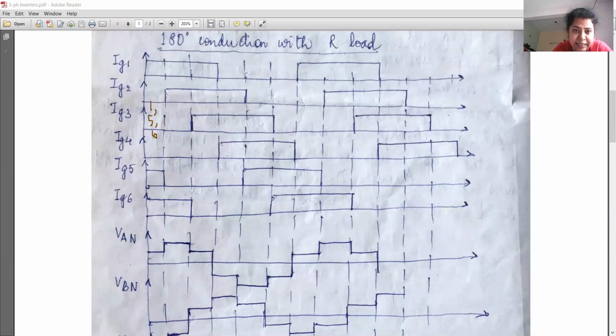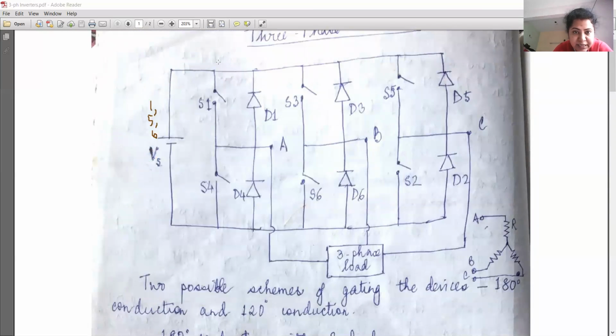Similarly, in the interval 60° to 120°, the devices conducting are 1, 2, and 6. 1 means A is connected to the positive terminal, 2 means the negative terminal is connected to C, and 6 means the negative terminal is also connected to B. That means B and C are connected to the negative terminal and A is connected to the positive terminal.